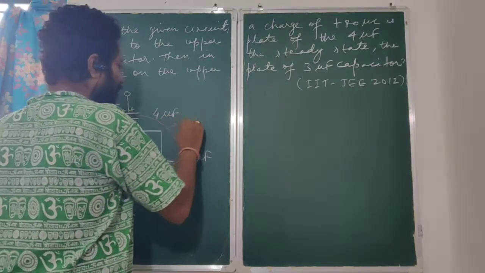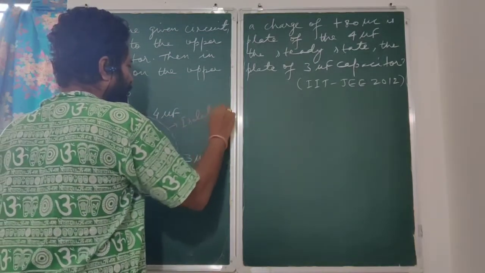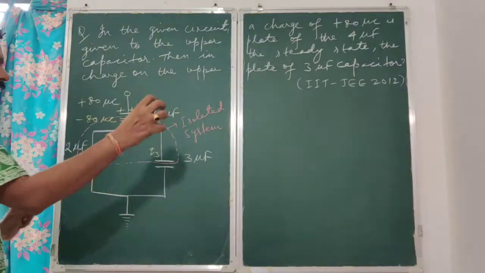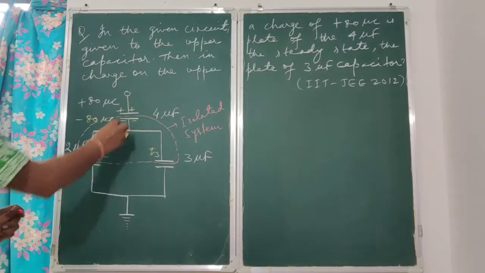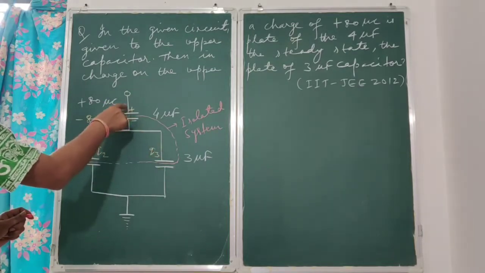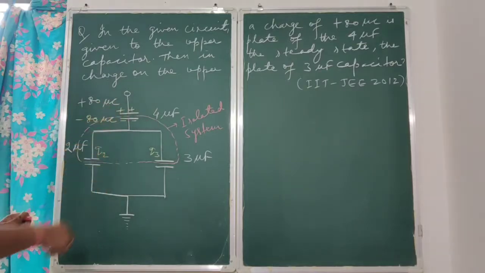Isolated system means you can remove this part of the circuit without disturbing the whole circuit. This isolated system is not directly connected at any point in this circuit, so you can directly remove it.